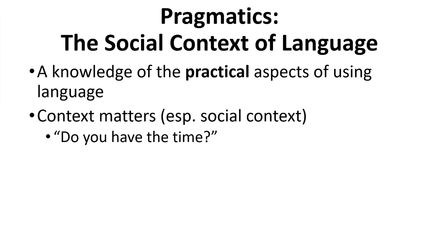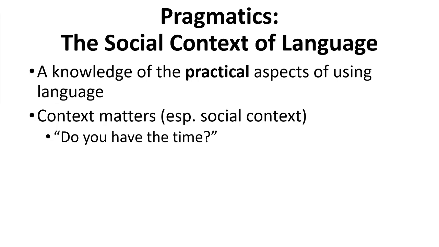So who's asking you or who's talking to you, and where are they doing that, and in what way are they talking to you, and what else have they said recently? All of these things come together to make a difference on what it is that you're going to interpret their words as meaning.